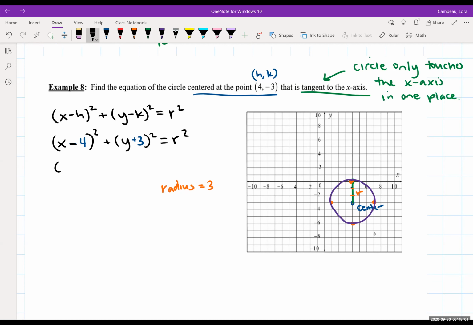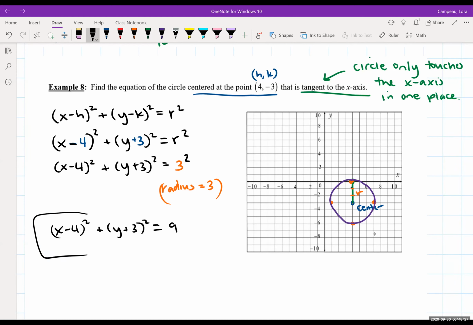So all I'll do, (x - 4)^2 + (y + 3)^2 is now equal to 3^2. Just so that you all see that. I know you could probably do this in your head because the radius is 3. So that finally gives us the equation (x - 4)^2 + (y + 3)^2 = 9. And we now have the equation of the circle.